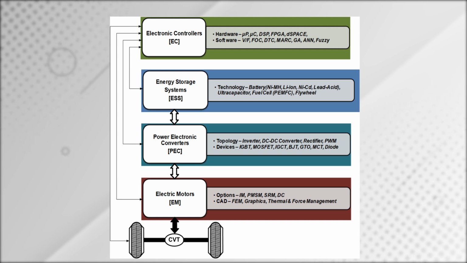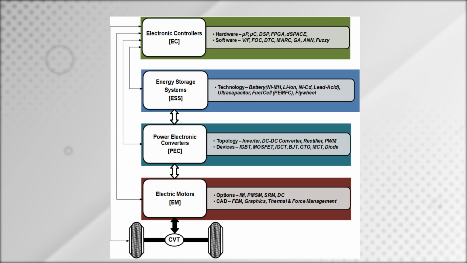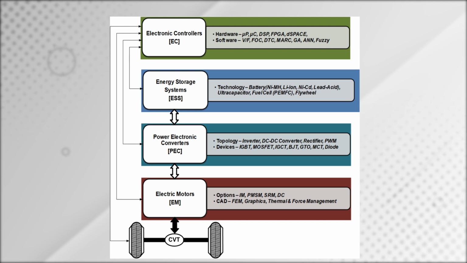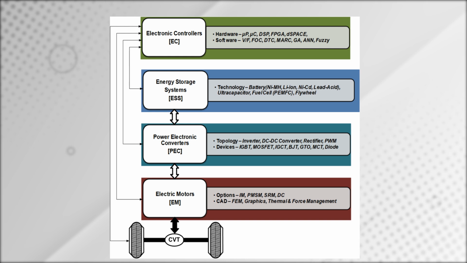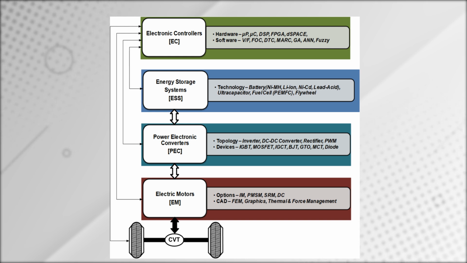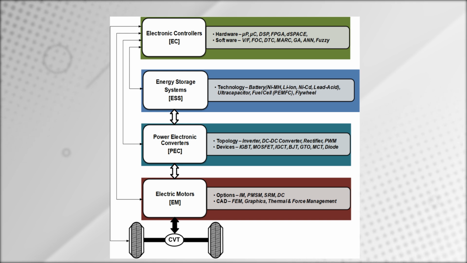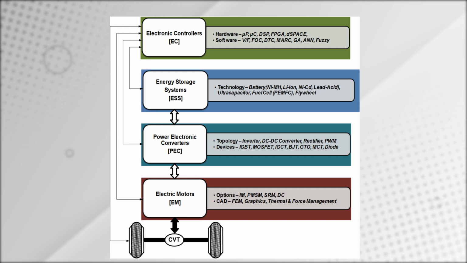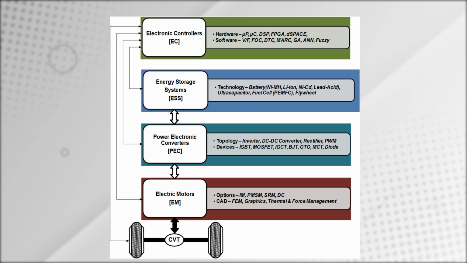As you can see in the figure, the major components of electric propulsion systems are the electronics control unit, energy source and storage system, power electronics converter and electric motor. If you examine these components more closely, one can see the electronics controller has two aspects, the hardware part and the software part.